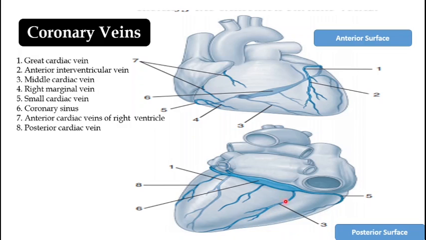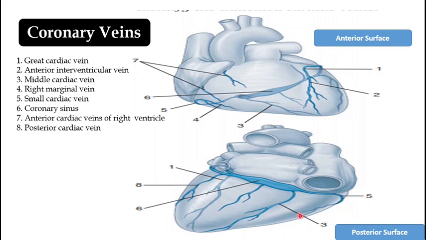And the largest coronary vein present on the posterior surface of the heart, the largest coronary vein of the heart, is known as the coronary sinus. So this is the coronary sinus, the largest vein of the heart. And that number eight coronary vein is known as the posterior cardiac vein. This is also present on the posterior surface of the heart.